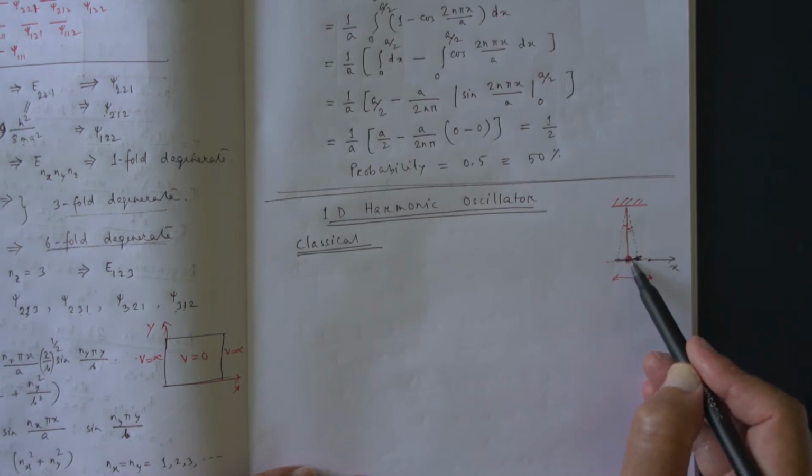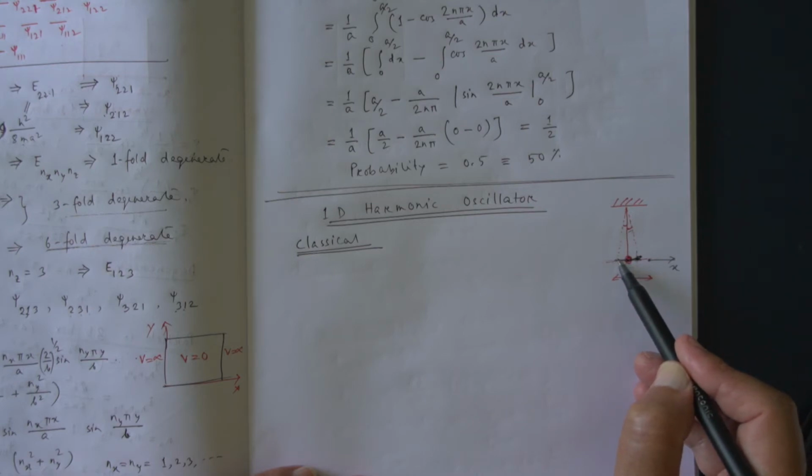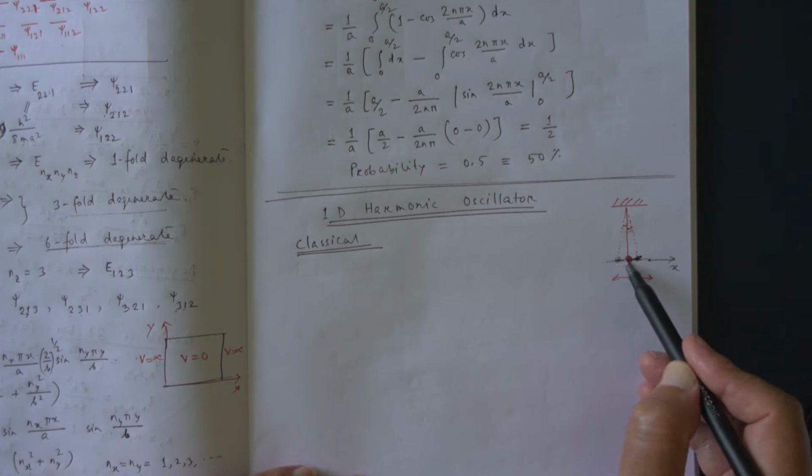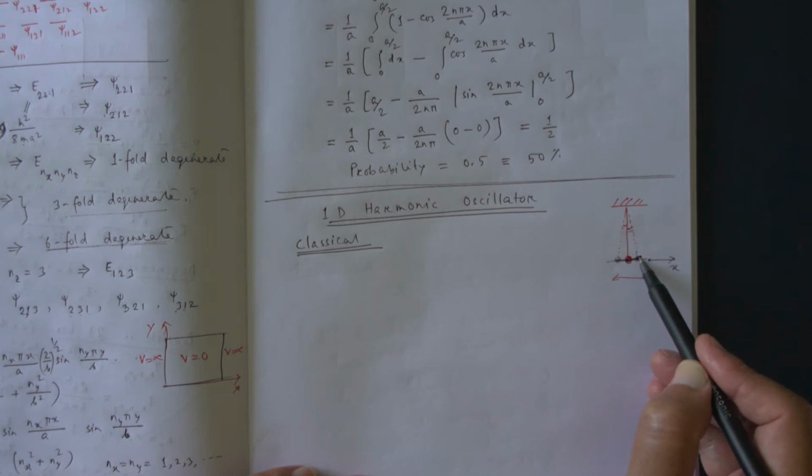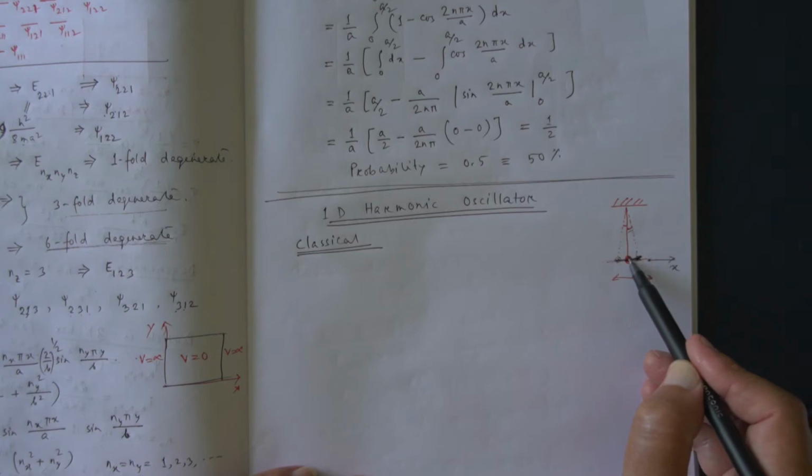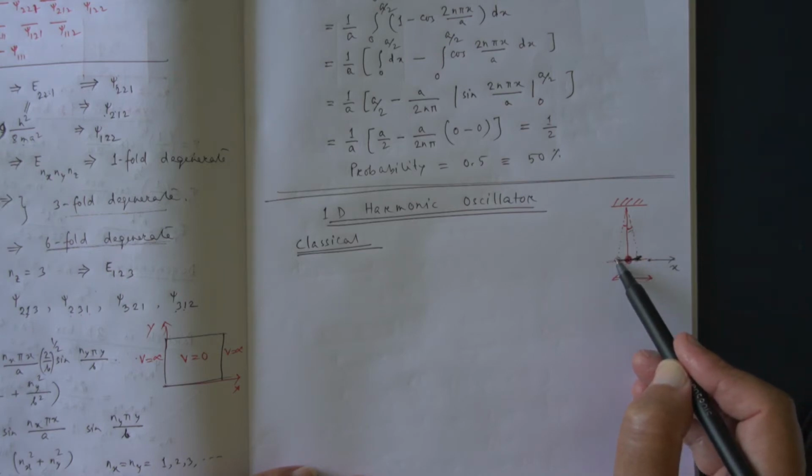Here potential energy is 0 and kinetic energy is maximum. Again potential energy increases, and here it is maximum and kinetic energy is 0. So potential energy is maximum, decreases to 0, increases to maximum, decreases to 0, again increases.